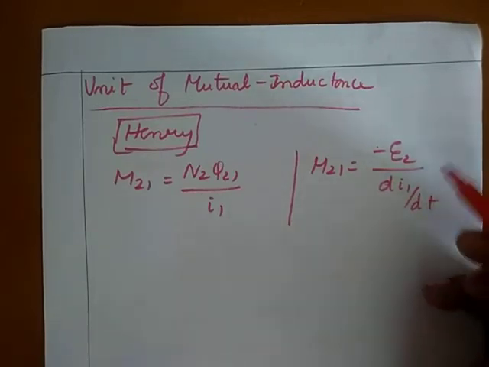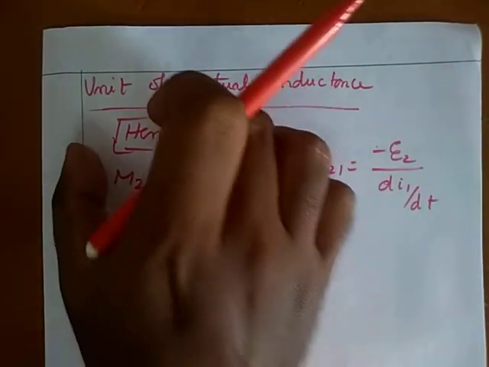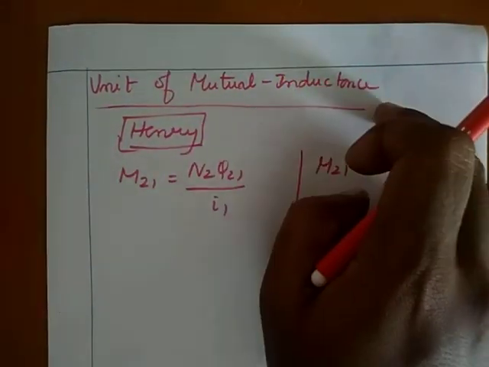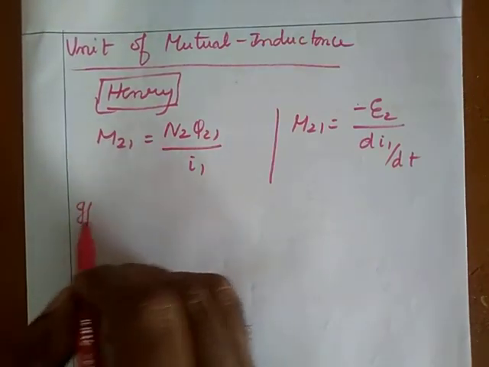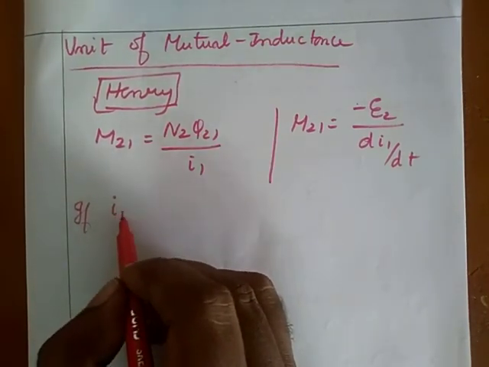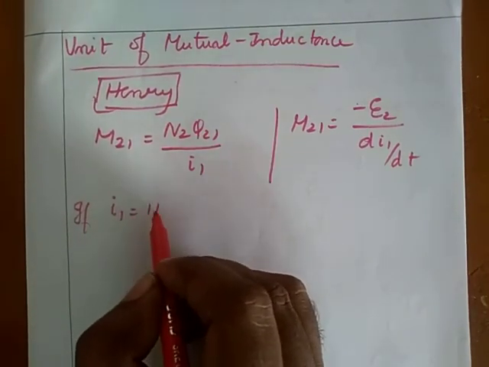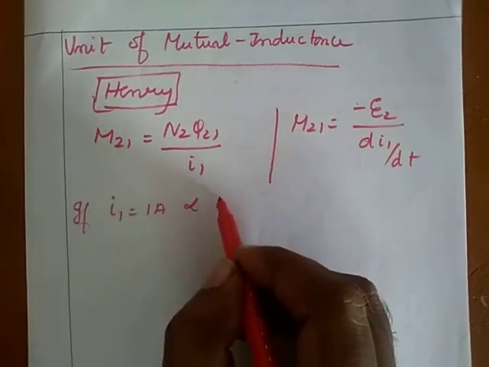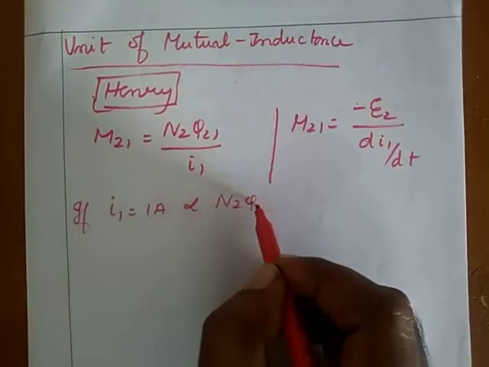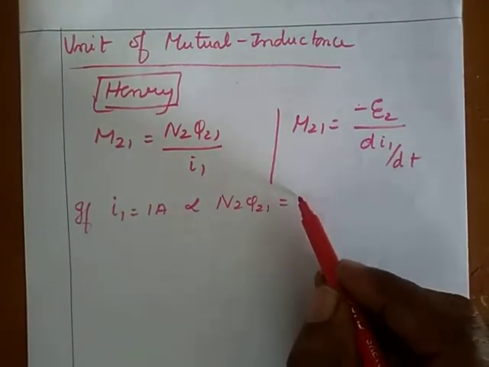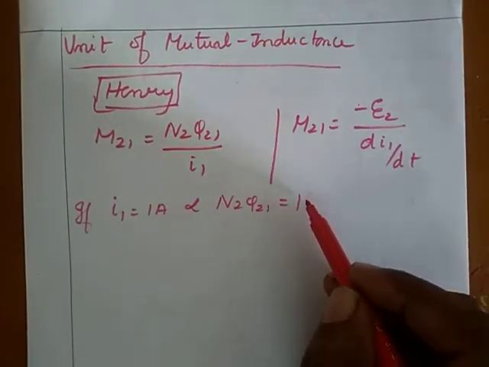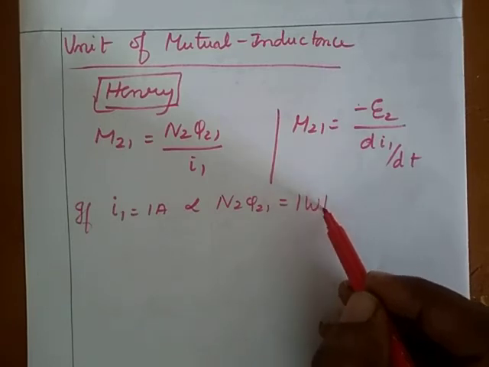Using this expression we can define the unit of mutual inductance. Suppose I consider I1 is equal to 1 ampere and N2 phi 21, this is a flux linkage, so we can consider this one as the unit of flux is Weber, so 1 Weber turns.